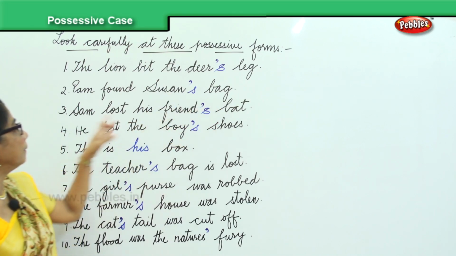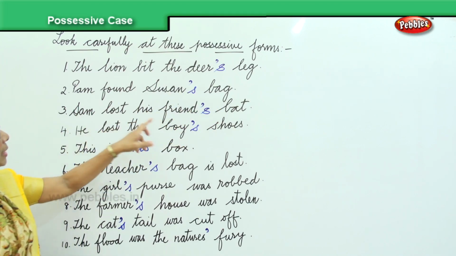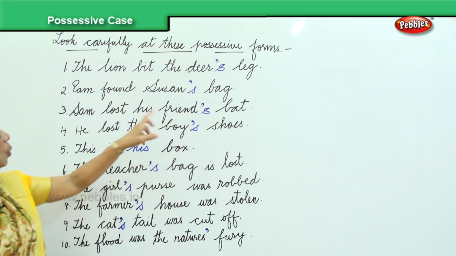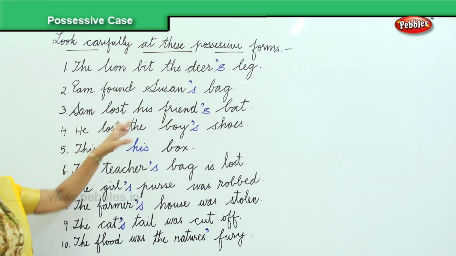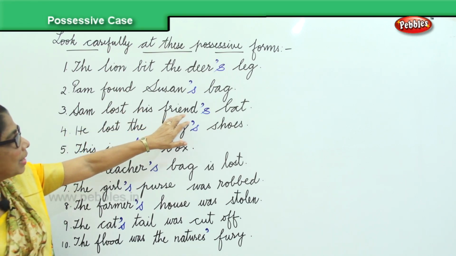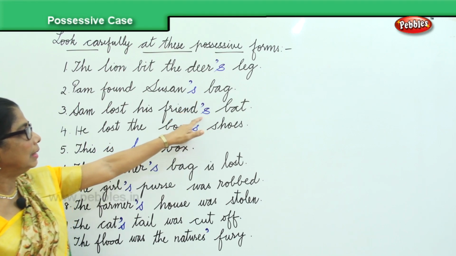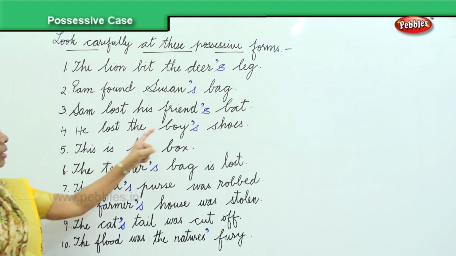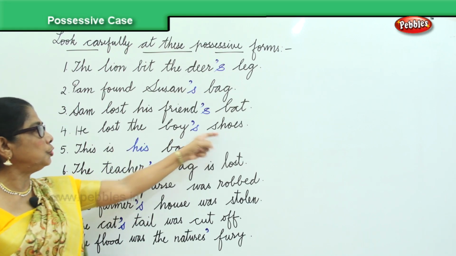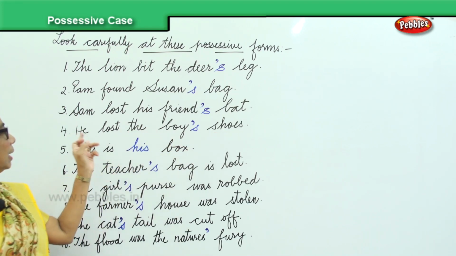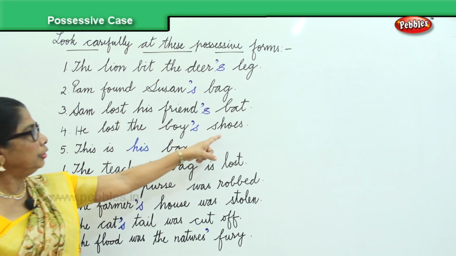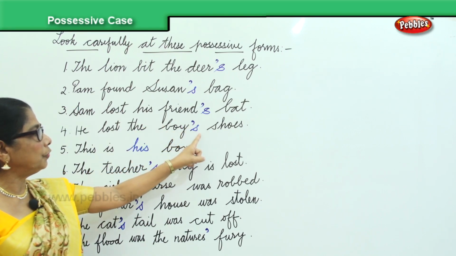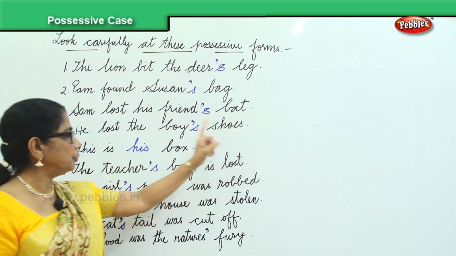Sam lost his friend's bat. Whose bat? Friend's, apostrophe S. He lost the boy's shoes. Whose shoes? The boy's. Boy's shoes, possession, apostrophe S.